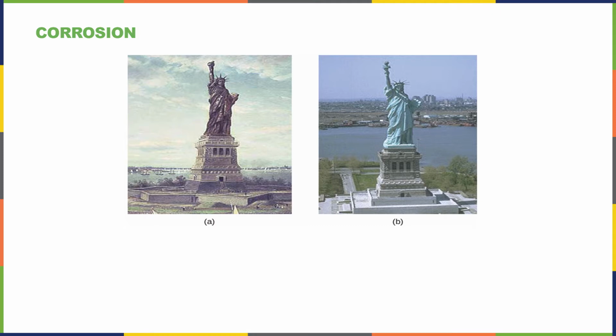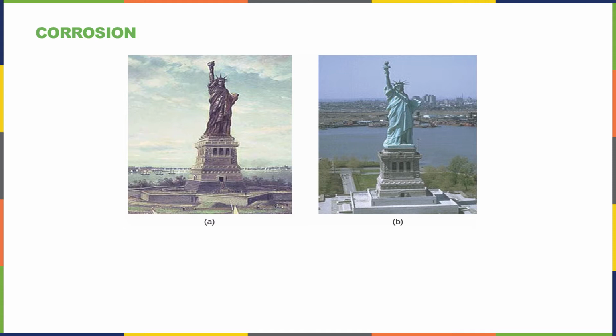Now the other process that can occur is something called corrosion, and we all recognize the term corrosion. We think of it in terms of rust. What we're looking at here is 2 different pictures of the Statue of Liberty. The first picture on the left, A, is the Statue of Liberty early in its history when it arrived in the United States.